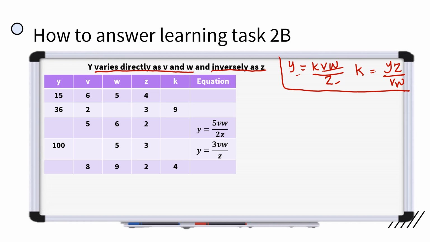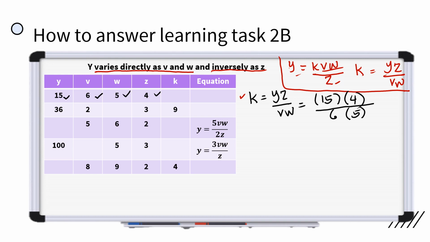Then, we can now proceed. Let's start with the first line. To get the first line, what we look for first is the constant. So, let's use the equation first. We need to find first your constant with the equation yz over vw. Okay. So, our y is 15. Our z is 4 over, the value of v is 6 and the value of w is 5.